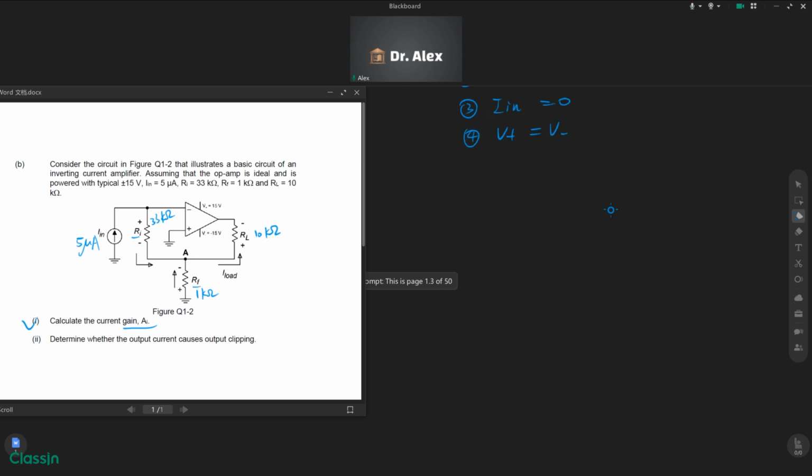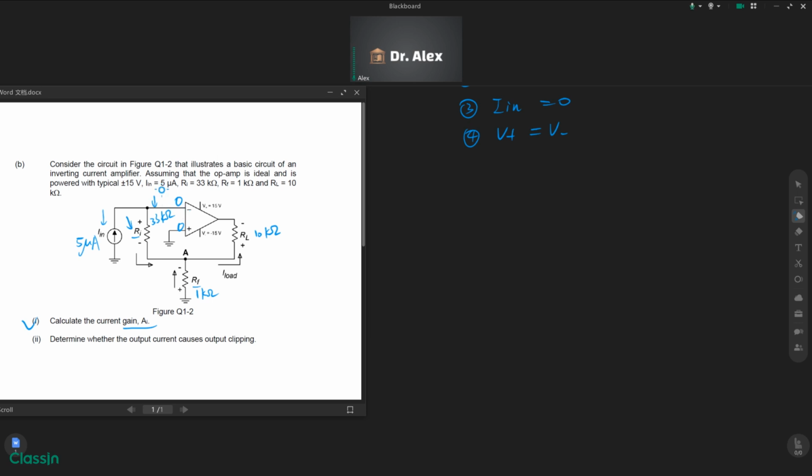And next, we can see this is our input current, and this current will entirely flow through the input resistor Ri. You will ask why there's no current here? Because our V plus is grounded. So the potential here is zero, so here should be zero as well.